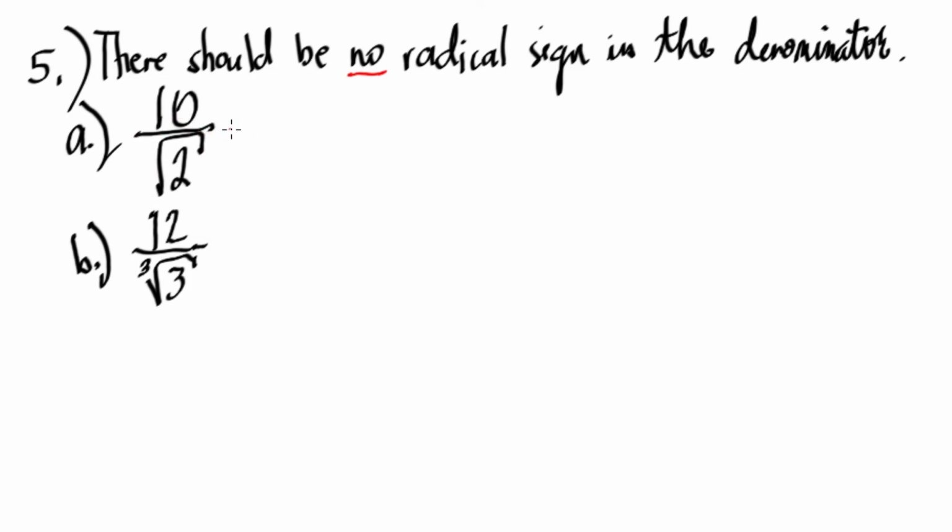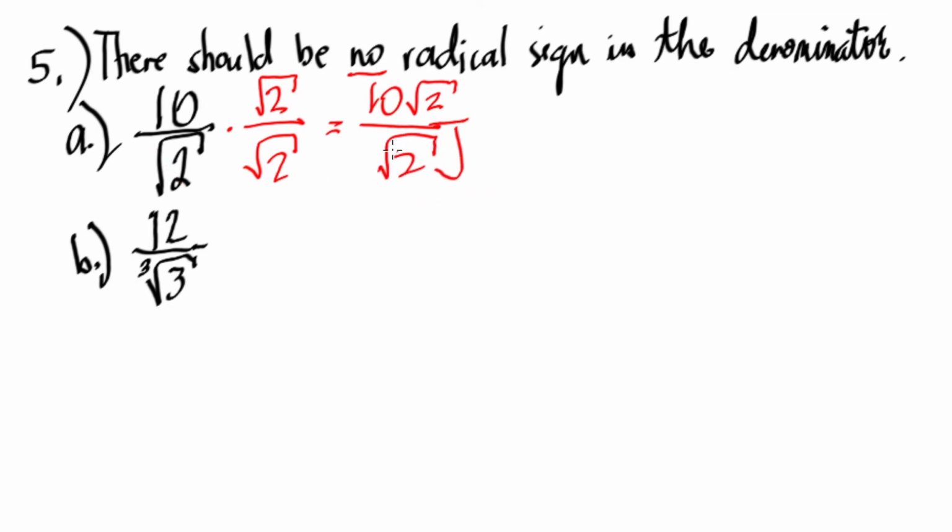So what will we do? We will rationalize by multiplying this by square root of 2, numerator to numerator, denominator to denominator. The square root of 2 in the denominator will be squared since there are 2 of them being multiplied, so square root of 2 squared is going to give us just 2.